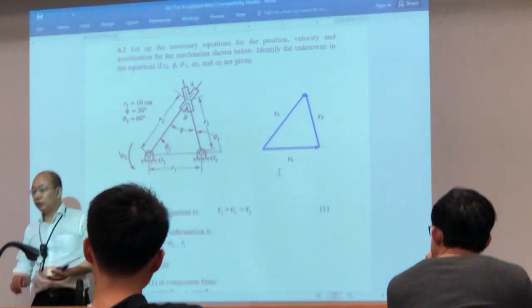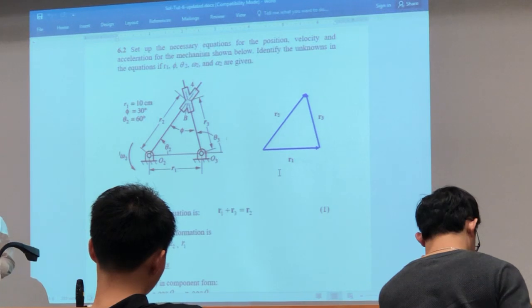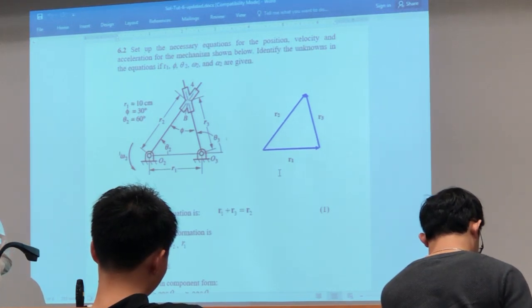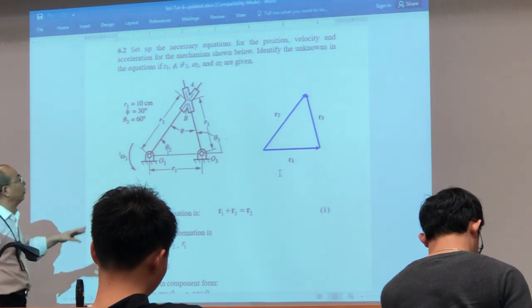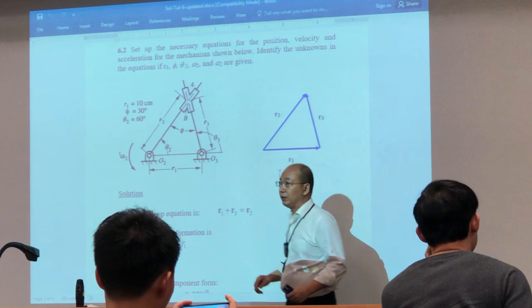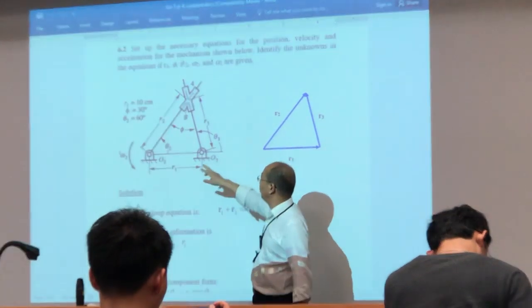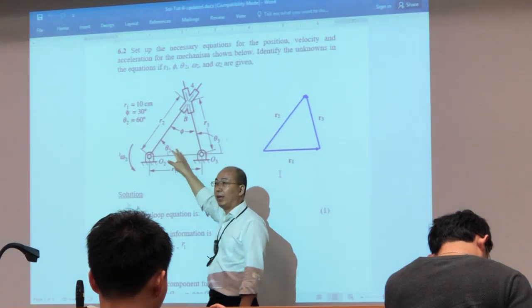If we want to do the kinematics analysis, including position, velocity, and acceleration, how are we going to do it mathematically? Again, we have to represent this mechanism by a vector loop.